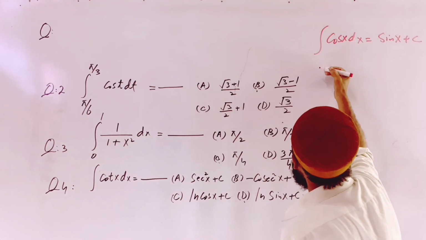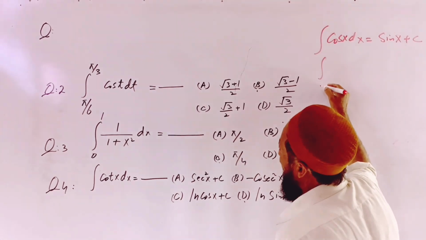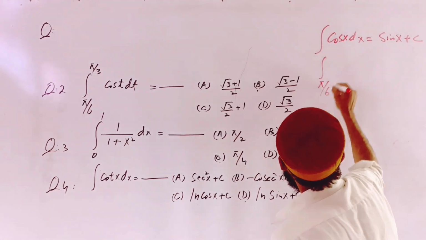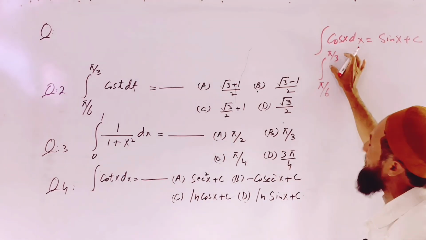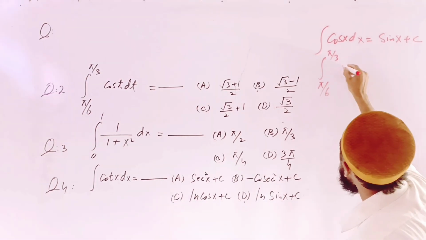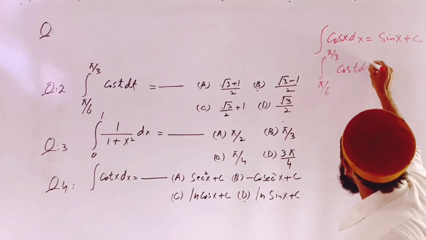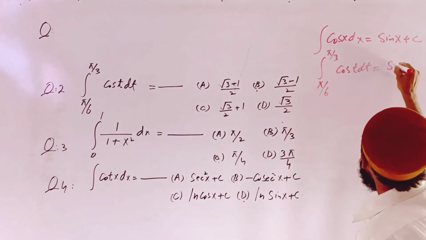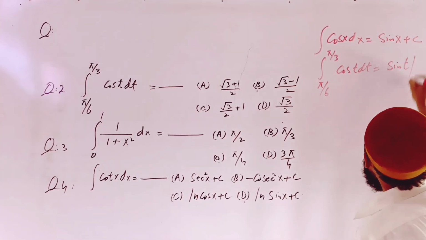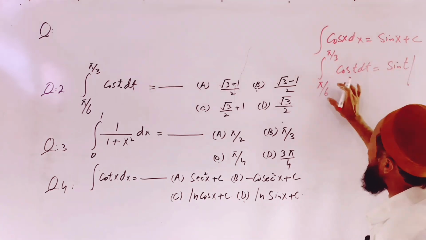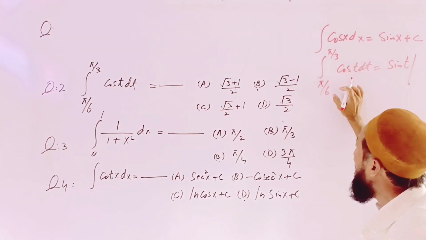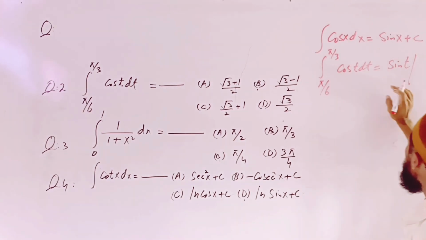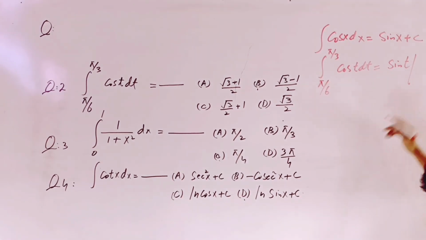According to this formula, pi by 6 is the lower limit and pi by 3 is the upper limit, cos t dt. So the result is sin t, and c cannot be used when lower and upper limits are available in the integration, so c is ignored.